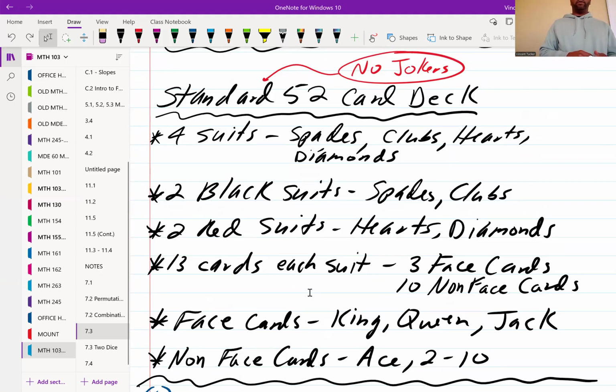13 cards in each suit. 13 times 4 is 52. So we have 3 face cards and 10 non-face cards. The face cards are your king, queen, and jack. And non-face are the ace, 2 through 10.